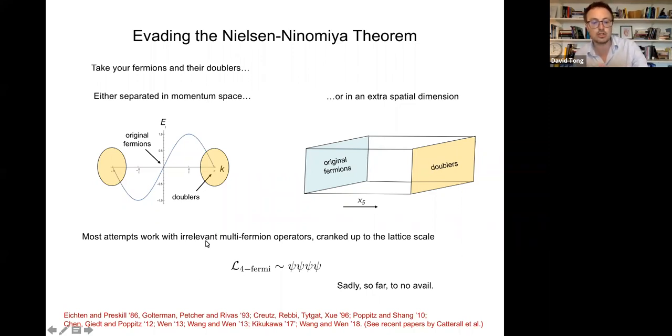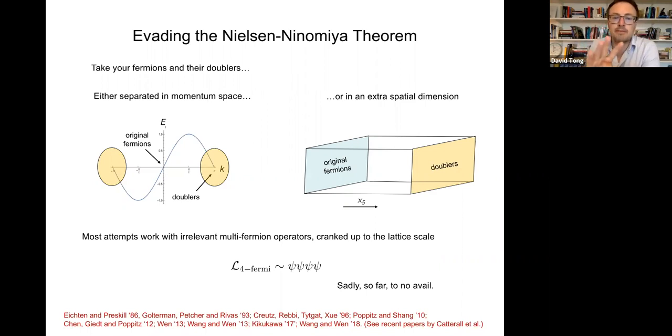Acton and Preskill suggested the following. You see, you want to give these objects a mass, but you can't just write down a mass term, because a mass term would break the chiral symmetry. So you have to do it through interactions. They suggested turning on some 4 fermion interactions. The idea being that you can't write down quadratic interactions that preserve the symmetry, but you can write down quartic interactions that preserve the symmetry.